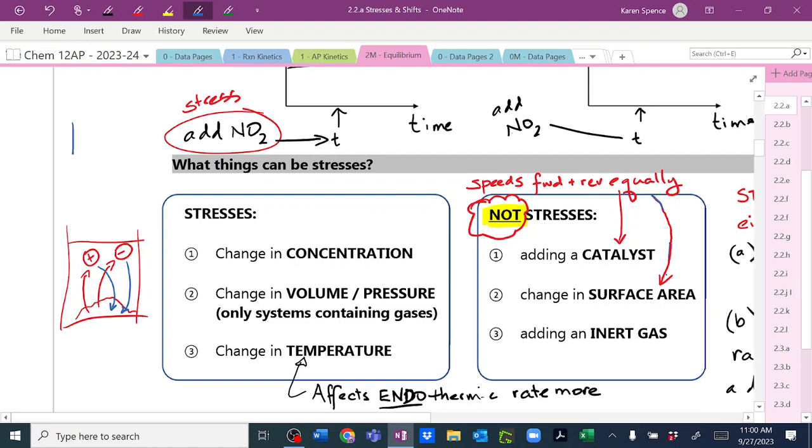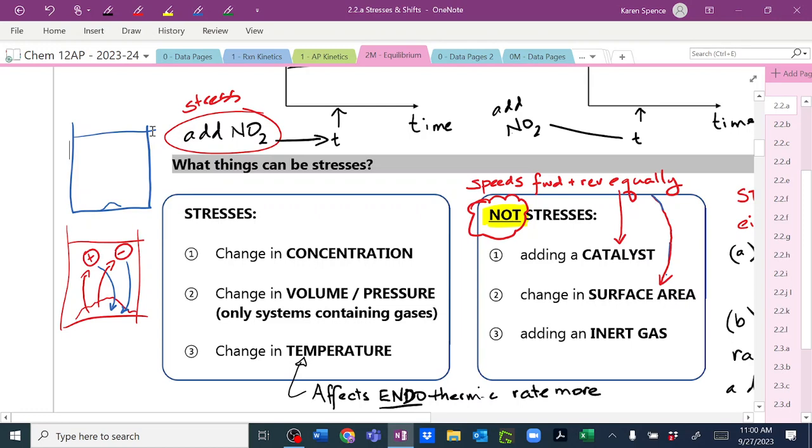If you have a little tiny pile of solid, you'll have less dissolving and less precipitating. But if you have a bigger pile, you'll have more dissolving because there's more places where that can happen. But every time one dissolves, another one has to precipitate, so the rates will remain equal. So forward and reverse rates are speeded up equally.